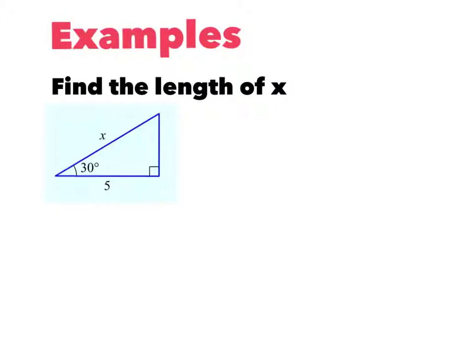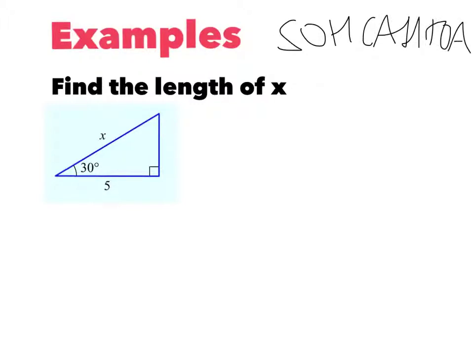Let's have a look. I get given this diagram here. The first thing I write down is SOHCAHTOA. It's asking me to find the length of x. I label my sides: I have my adjacent, my opposite, and my hypotenuse. I have a 30-degree angle, and I'm given the adjacent and the hypotenuse. I look to SOHCAHTOA and it tells me that cosine is the rule I need to be using.